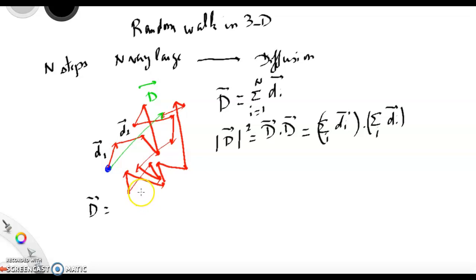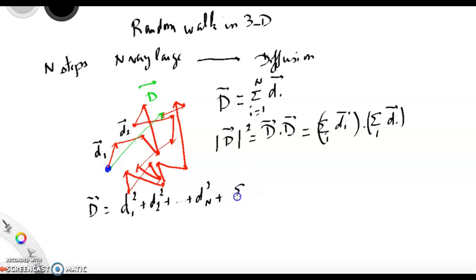So in other words, I'm going to have a number of terms. I'm going to have the terms where di is multiplied by di. So d1 is multiplied by d1, and I'm going to have d1 squared plus d2 squared plus etc. until dn squared. And then I have all the cross terms.